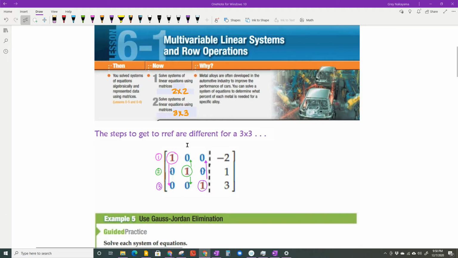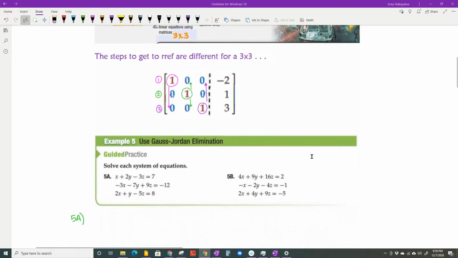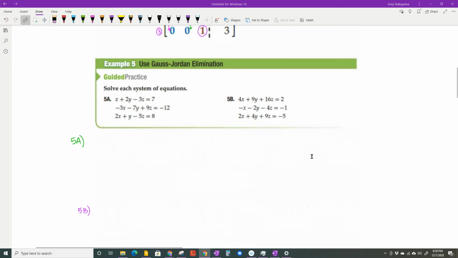Then the second step is you move to the second column and get the 1, which is going to be right here, and then you go and get your zeros. Doesn't matter which one you do when. And then for the third step, you go to the third column and get your 1 and then get zeros in the rest of the places. So you're going to see me do that on these problems here.